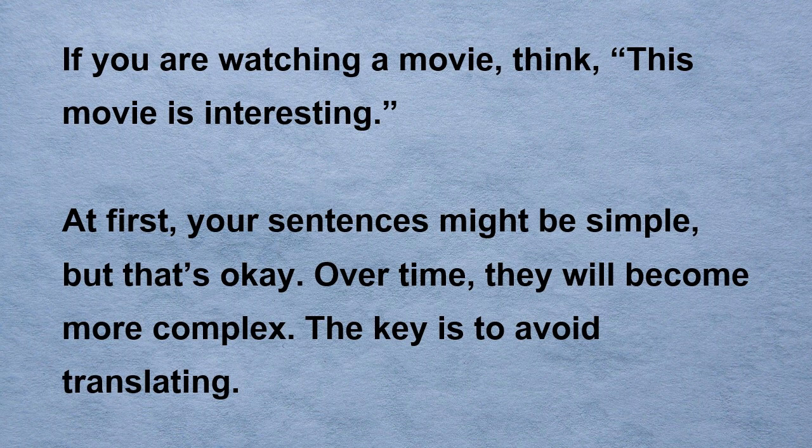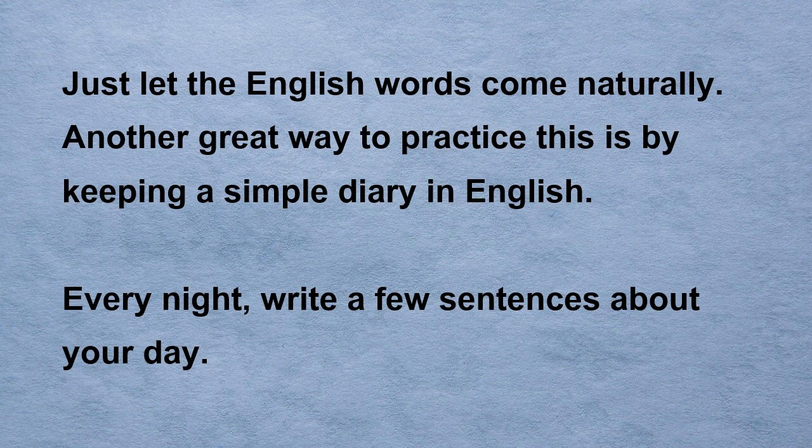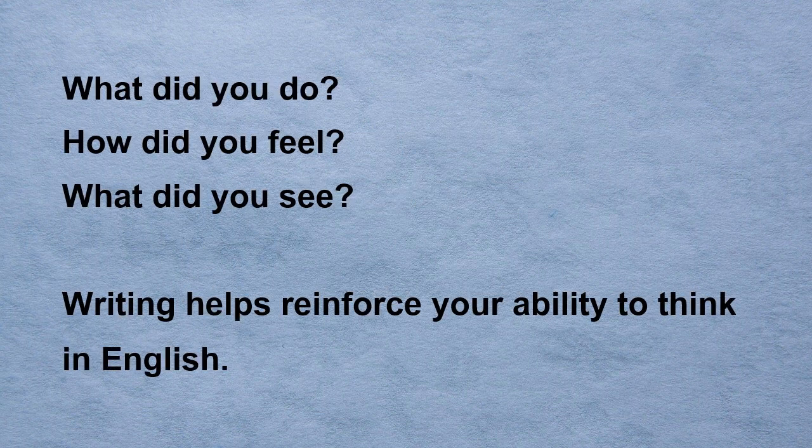Over time, they will become more complex. The key is to avoid translating. Just let the English words come naturally. Another great way to practice this is by keeping a simple diary in English. Every night, write a few sentences about your day. What did you do? How did you feel? What did you see? Writing helps reinforce your ability to think in English.